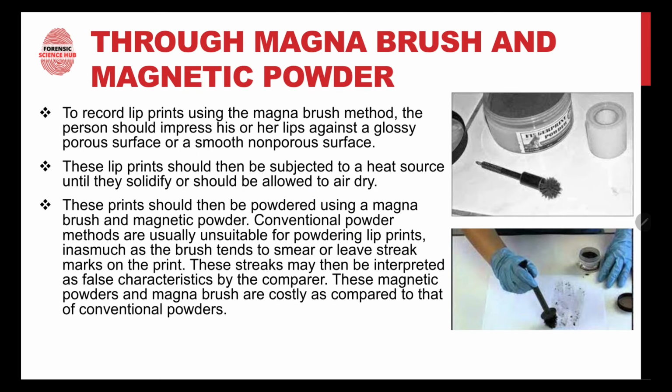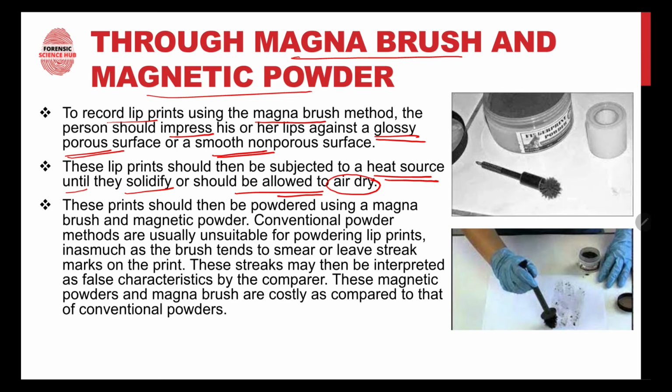Then the lip prints can also be developed using the magna brush and magnetic powders. So for that, what we do is, to record lip prints using the magna brush method, the person should impress his or her lips against a glossy porous surface or a smooth non-porous surface. Then after that, these lip prints should be subjected to a heat source until they solidify, or should be allowed to air dry.